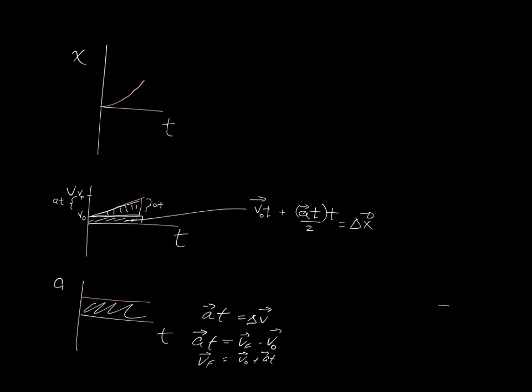So, almost there. Let me rearrange it, make it look nice. We're talking about displacement being equal to initial velocity times time, plus 1/2 AT squared. It's looking a lot more like one of the UAM equations on your reference sheet.